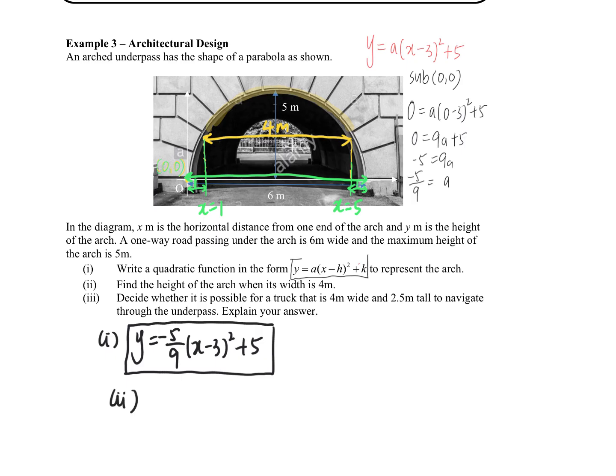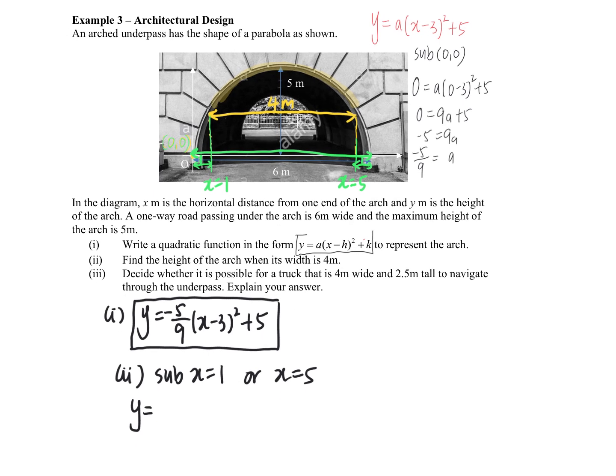You can choose either one. You can sub x as 1 or x as 5, they will give you the same height. So you choose which one. I will choose 1 because the number is small, but if you would like challenge, just sub 5. Anyway, calculator will do the job for you.